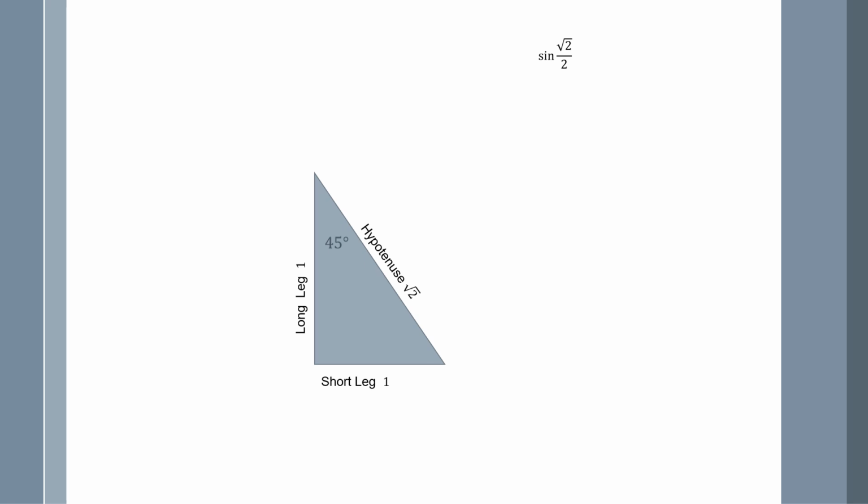If you're struggling to understand how we got square root 2 over 2, go back to the previous problem we just did and apply the same steps we did there to get sine, which is square root 2 over 2. And we got cosine to be square root 2 over 2.